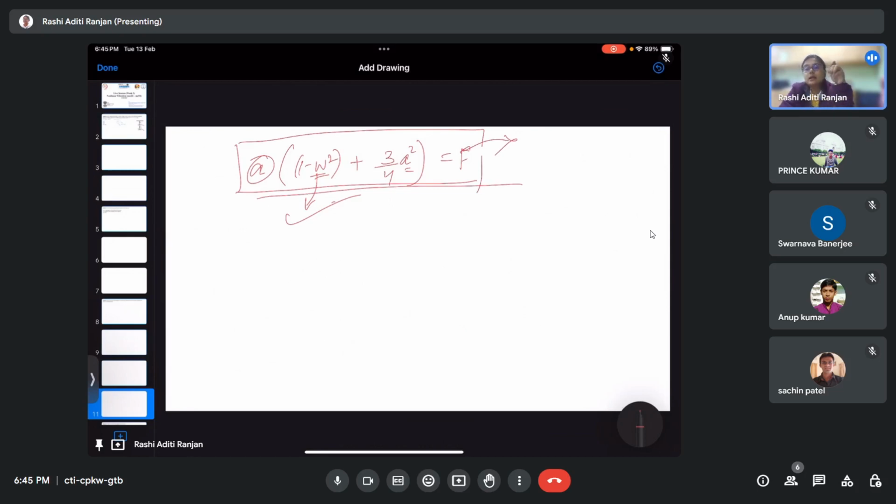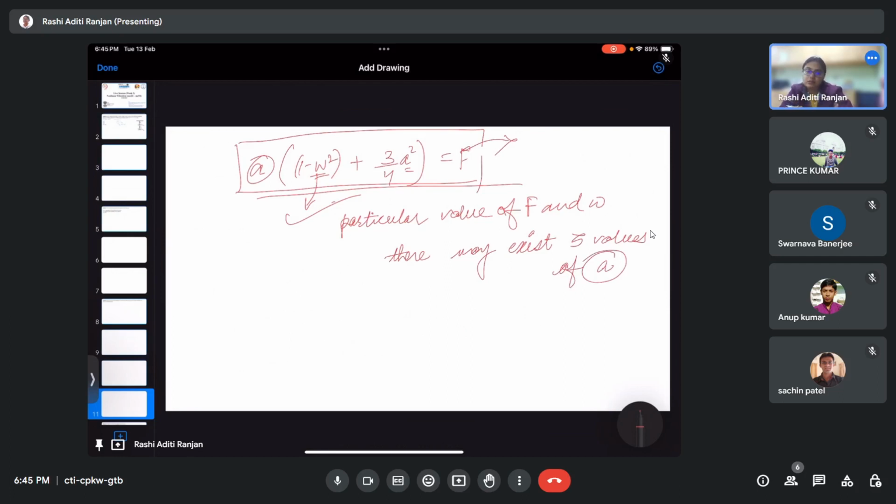But there is one thing that is important to notice, and that is that for a particular value of f and omega, there may exist three values of A, which is the amplitude.